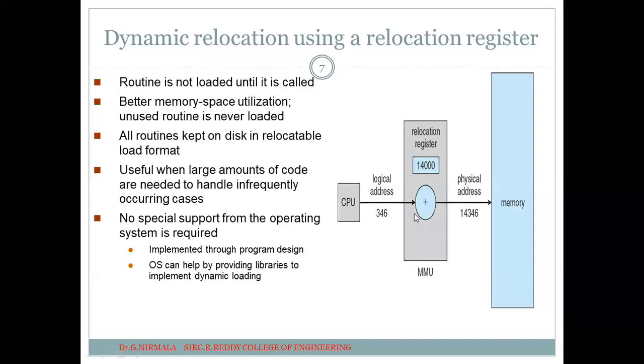Then the physical address value will be 14,346 somewhere in main memory, among contiguous memory locations like 0, 2,000, 4,000. That indicates 14,000 is your base address and your logical address is 346. The total is clubbed together: 14,346 means 346 bytes of memory is required to execute that particular program.